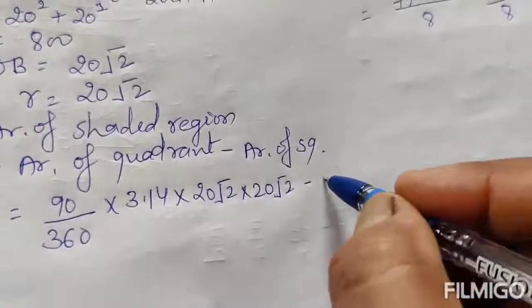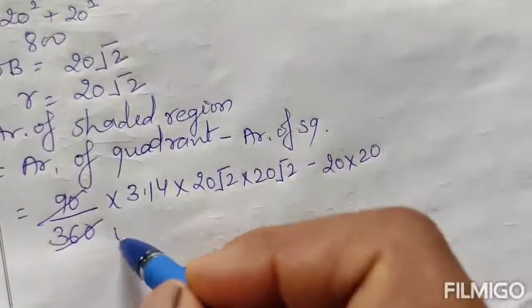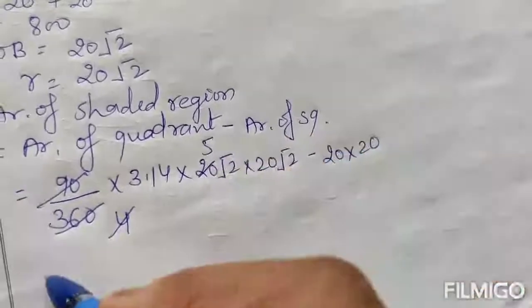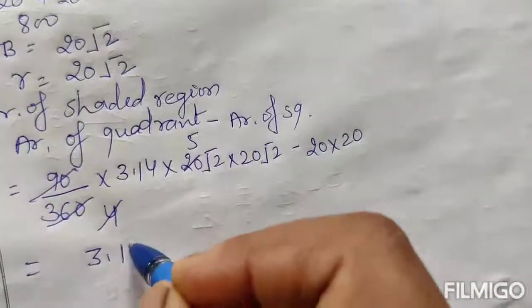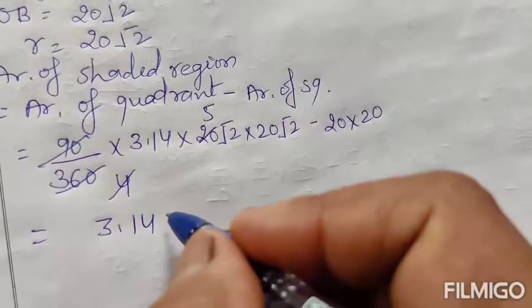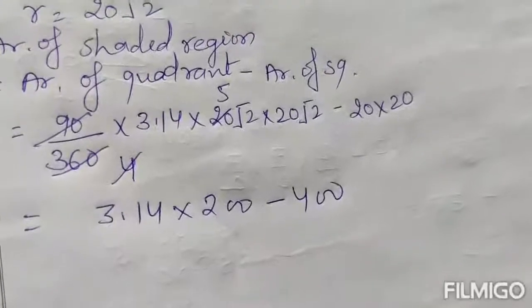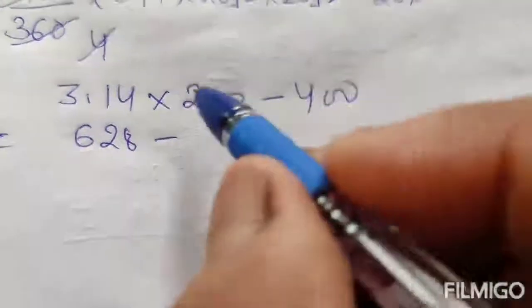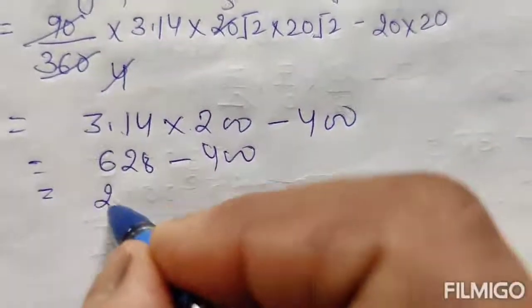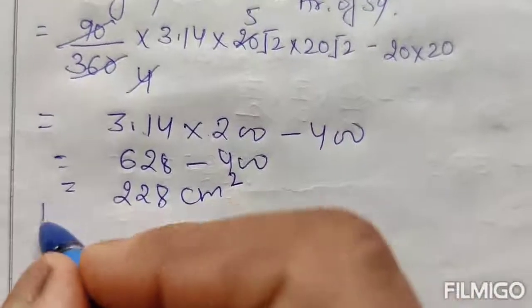And area of square equal to 20 into 20. Now 3.14 into 200 minus 400. Solve. 628 minus 400. 228 centimeter square.